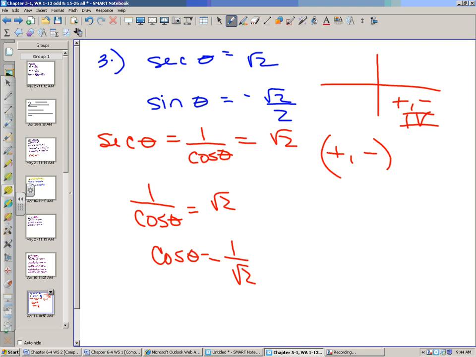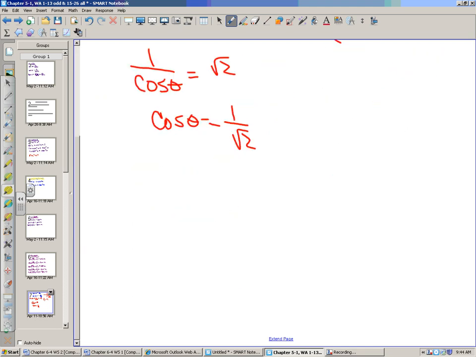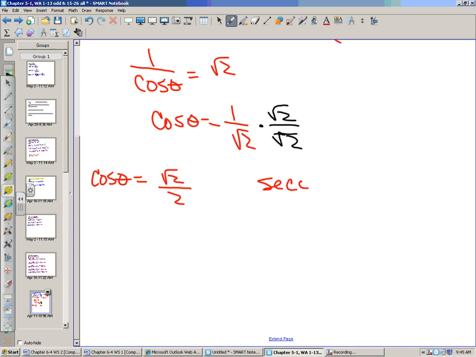Now, the question was, should we keep it like that? Do you really think I'm going to like that? So we have the cosine of theta is the square root of 2 over 2. Rationalized. Right? You with me? We know that the secant is the square root of 2.